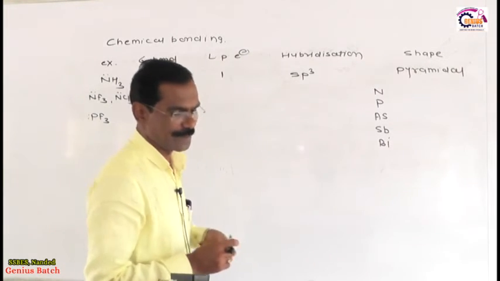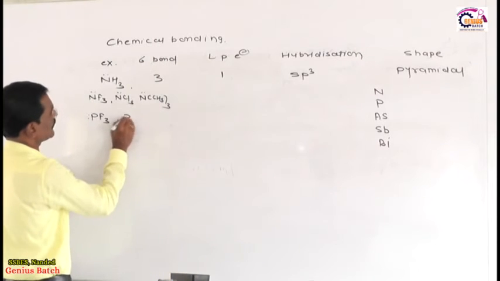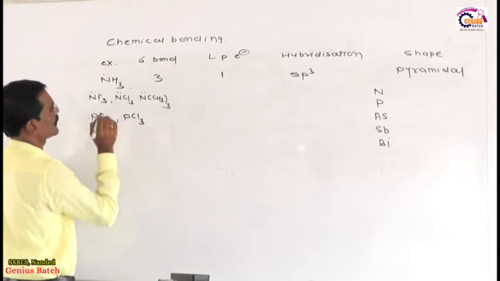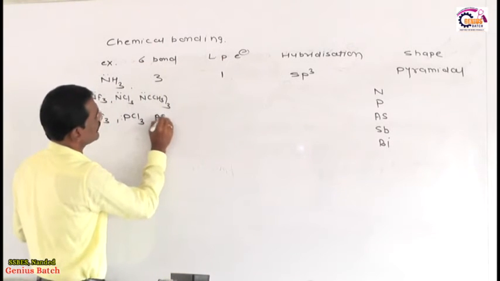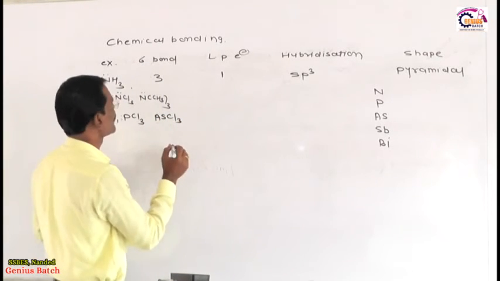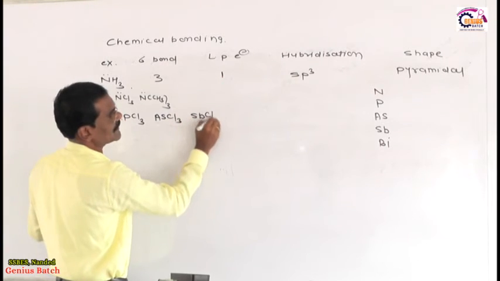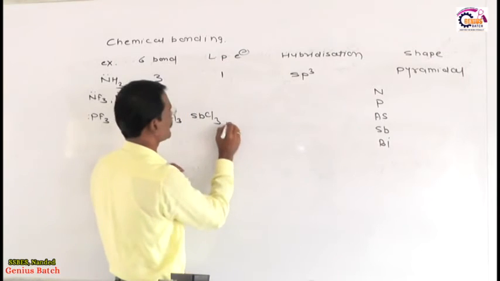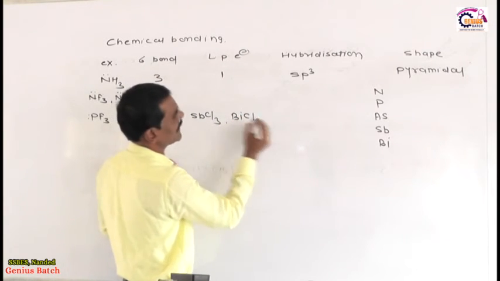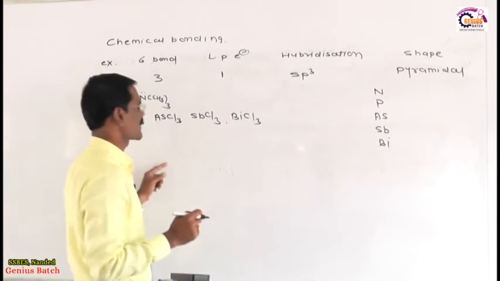Then after that PF3, the next example is PCl3, because this one is from the same family. After PCl3, AsCl3. After AsCl3, SbCl3, because antimony is from the same group. After SbCl3, BiCl3, because bismuth is from the same family.